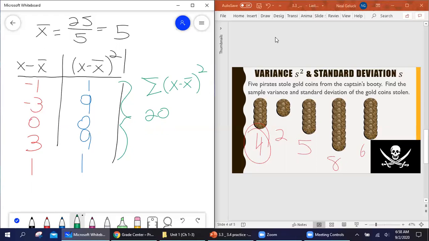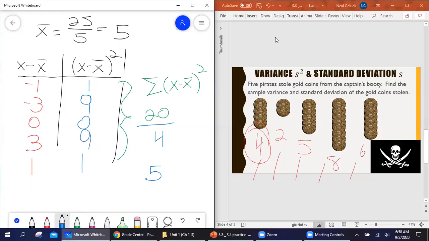Now, it does say on this problem the sample, so that means I'm going to divide by n minus 1. There were 1, 2, 3, 4, 5 data values. So 5 minus 1, I'm dividing by 4. So that's going to give me 5.